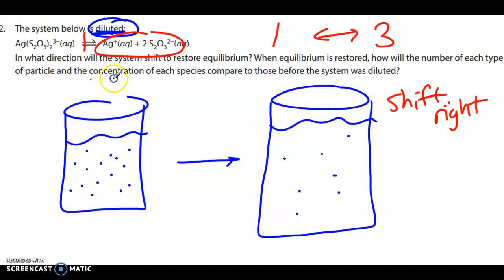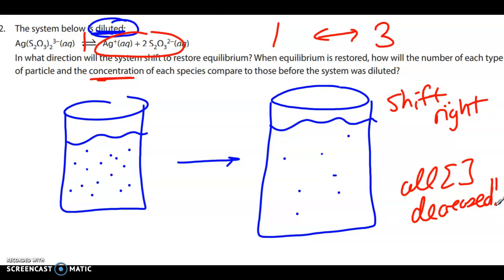Now, in terms of how the concentrations of all the species are going to be impacted, all the concentrations are actually going to decrease. So even though you have a shift to the right, making more product, in general, just like you saw with the number crunching we just did, when you add more solvent, you have less particles per space or per liter of water or whatever it is. So in general, all concentrations will decrease.